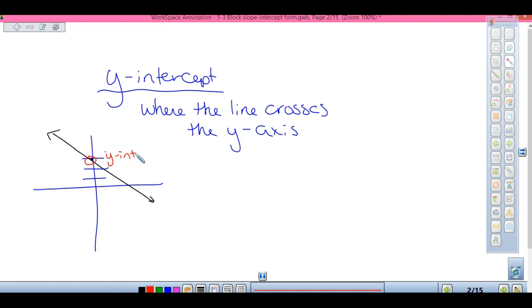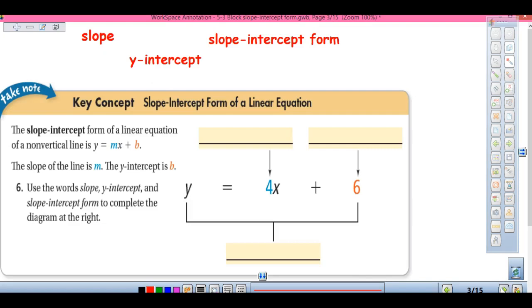Anybody remember what letter we use for slope? M, yep. So M is slope, y-intercept is B. Very odd letters. I'm not sure why we do that, but we do. So, you need to know that slope-intercept form is y equals mx plus b.